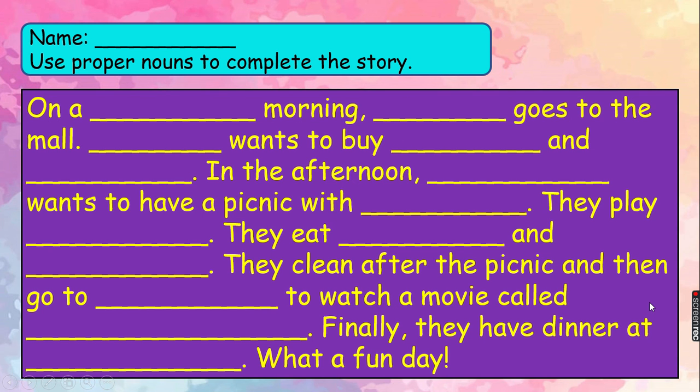So this is a pretty simple story that you can improve, make even better with your proper nouns. Or you can extend this story and make it even longer, make it better if you can. Okay? You have that option too. And I would love to hear or see your task done, that you put your own ideas in it, you improved it, and you made it even better than this.